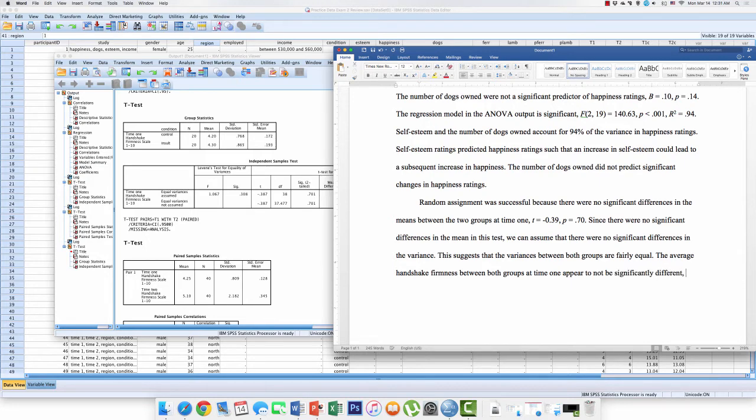And then include the means and standard deviations. Mean equals 4.20, and then standard deviation equals 0.77.